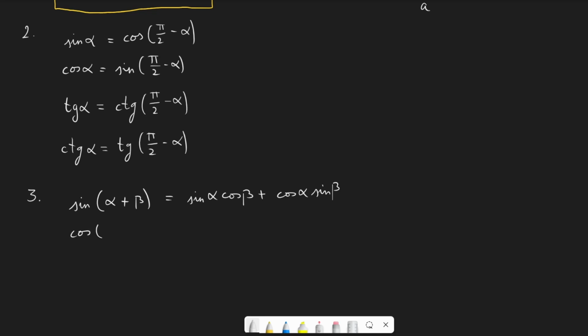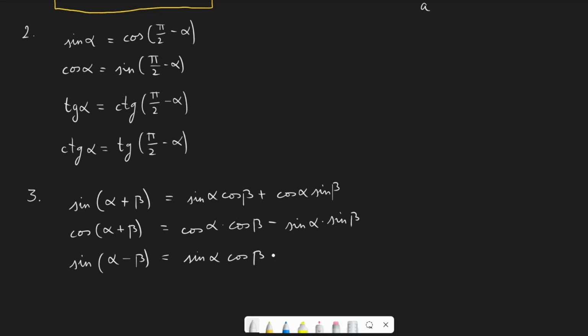Similarly, we can calculate the cosine of the sum of two angles, and this will be cosine of alpha times cosine of beta minus sine of alpha times sine of beta. And if we are taking the sine of alpha minus beta, so if we have a subtraction of two angles, then this can be written as sine of alpha times cosine of beta minus cosine of alpha times sine of beta.